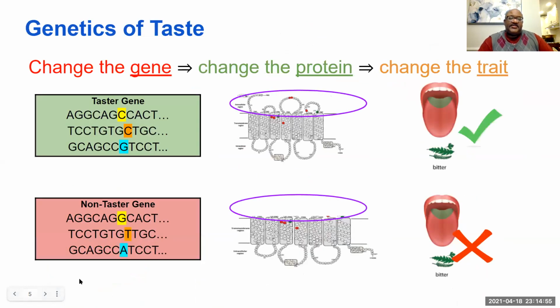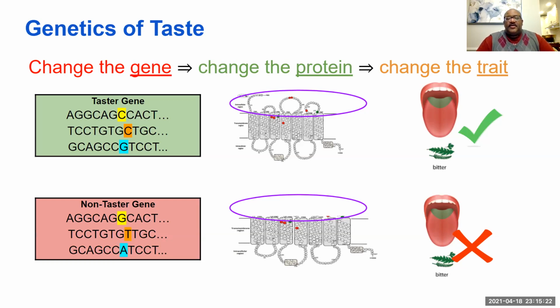Okay, genetics of taste. You change the gene, you change the protein, you change the particular trait. When we get into genetic disorders, and especially cancer, cancer is caused by genetic mutations, especially in the RNA sequence or DNA as well.